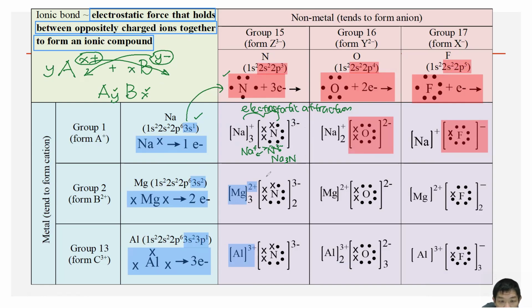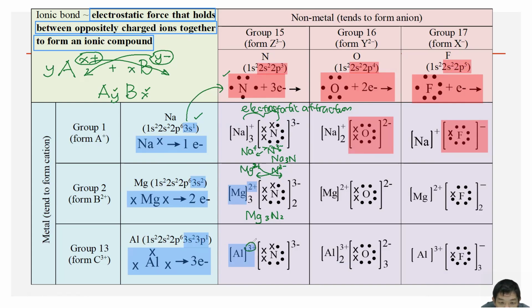Another example: if you have Mg2+ added with N3-, you put the 2 here and the 3 here, so you form the formula Mg3N2. See that?